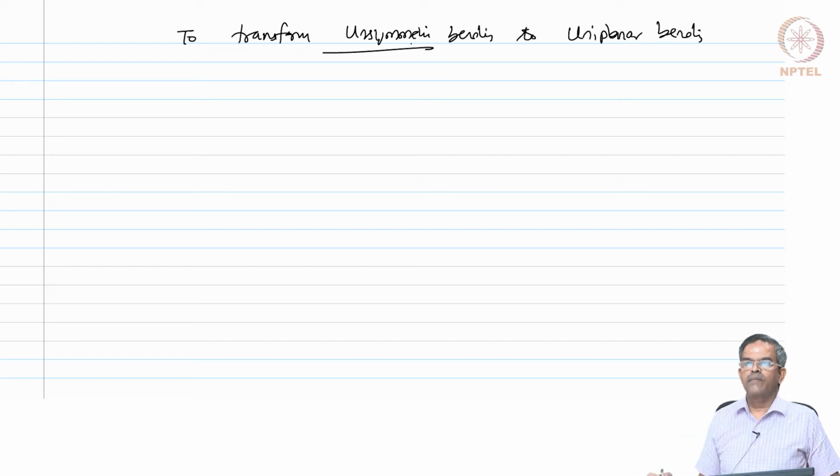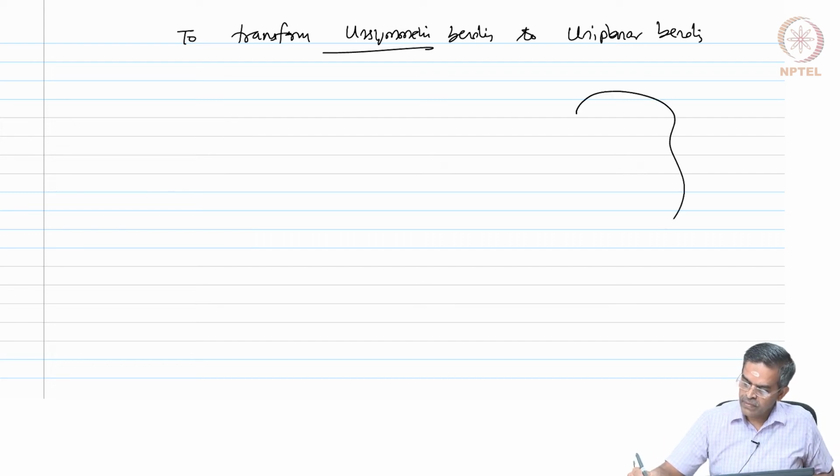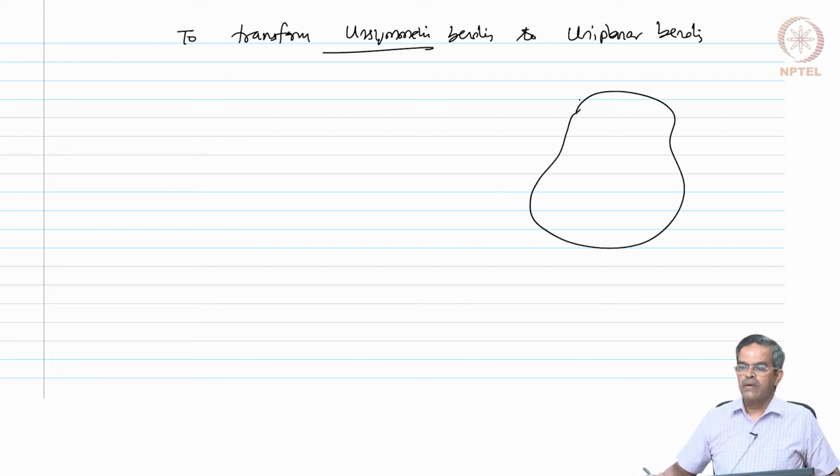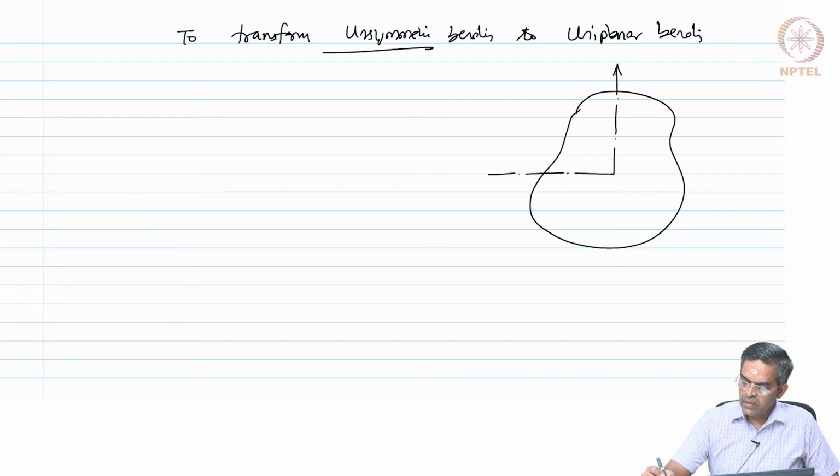That is objective now. Okay, let us take a cross section. Let us mark these two axes as Z and Y. Okay, X is normal to the screen.